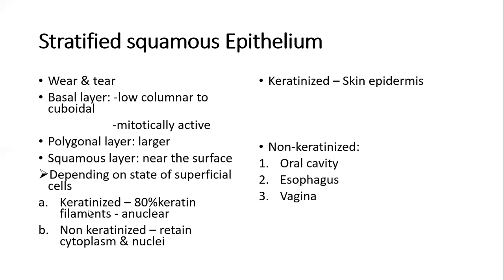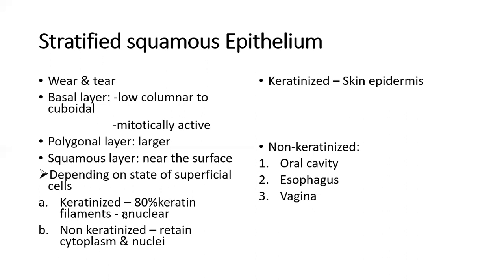In keratinized stratified squamous epithelium, the cytoplasmic space is actually filled 80% with keratin filaments, and with time they lose their cytoplasm and nucleus. But this is not the case with the non-keratinized. The cells in the non-keratinized stratified squamous epithelium actually retain their cytoplasm and nuclei.